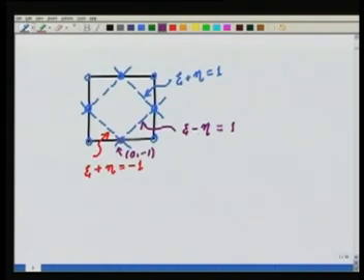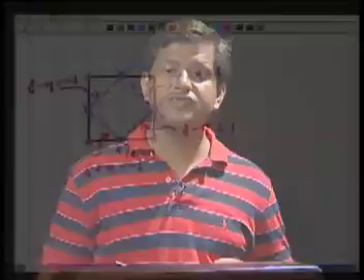Similarly, the equation of this line is psi minus eta equal to minus 1. This is quite easy to show. Now I have these four lines.